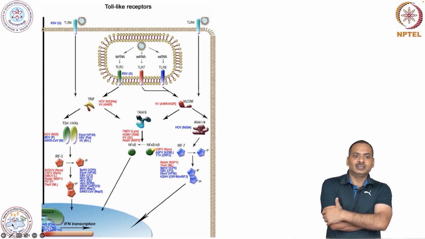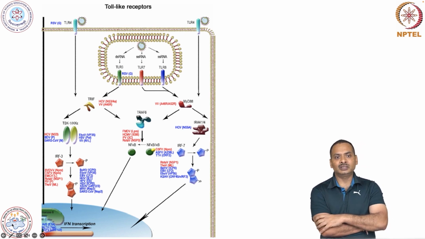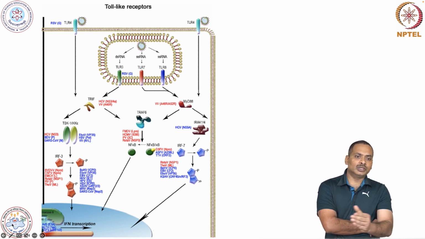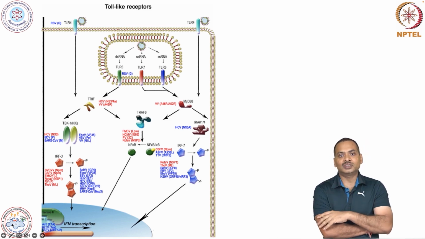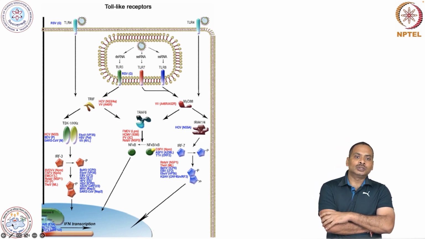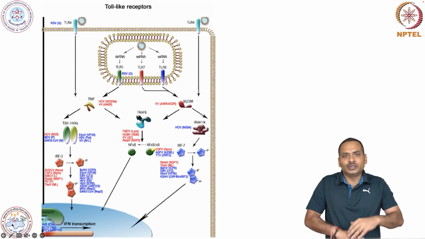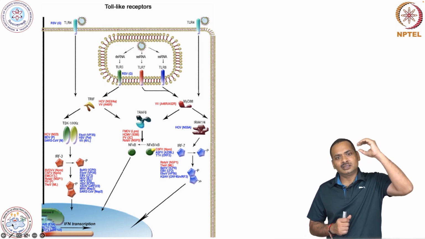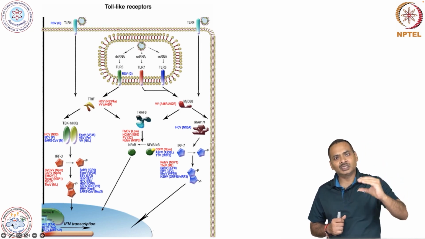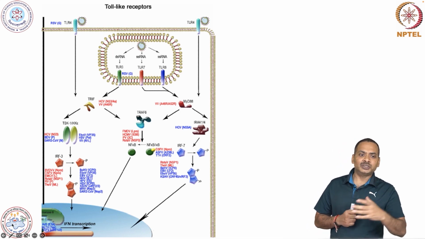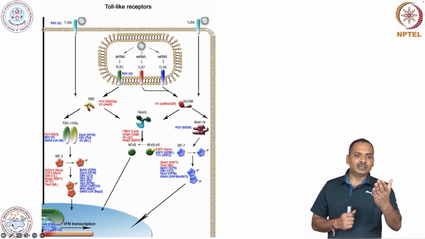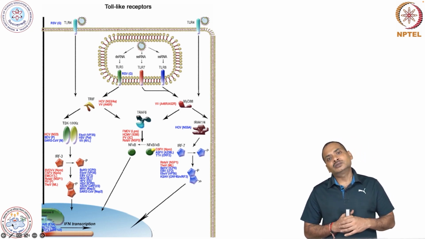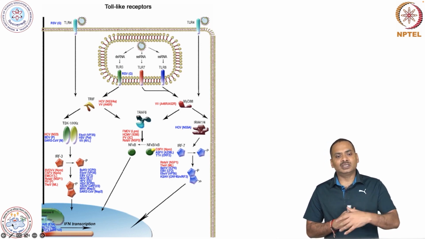For example, HCV has a non-structural protein which inhibits the TLR3 mediated signaling pathway. All these molecules have the basic aim of inhibiting the production of type 1 interferon, and they act at different stages. It's not that there is only one target. Different viruses have different targets: some target the receptor, some the adapter, some the signaling transducer, and some the transcription factor. Here you can see that IRF3 is targeted by many proteins from different viruses. So the overall aim of the virus is to inhibit the production of type 1 interferon as well as inflammatory cytokines.